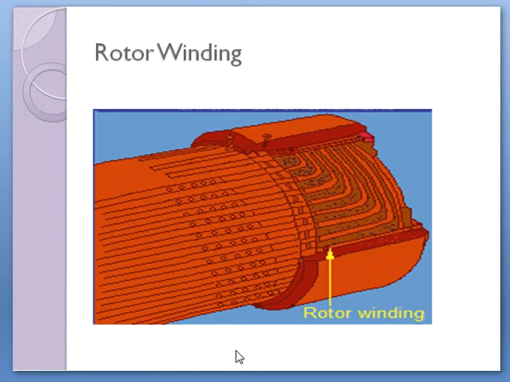So, this is the end of the rotor. We can see that the windings are already inserted in the slots, and the ends are bound together by the end plate.